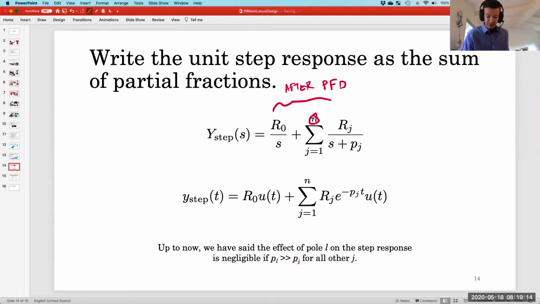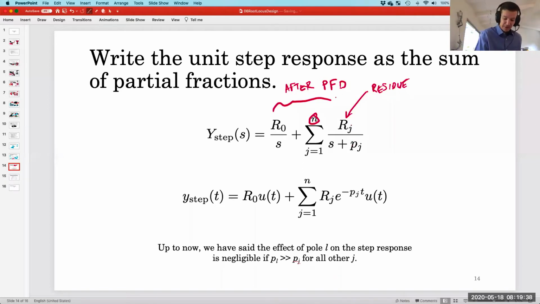If I have n partial fractions, then I will have n residues. So again, the technical term for these numerators are residues. And we say that R sub j is the residue of the jth pole. So typically we associate a residue with each pole.